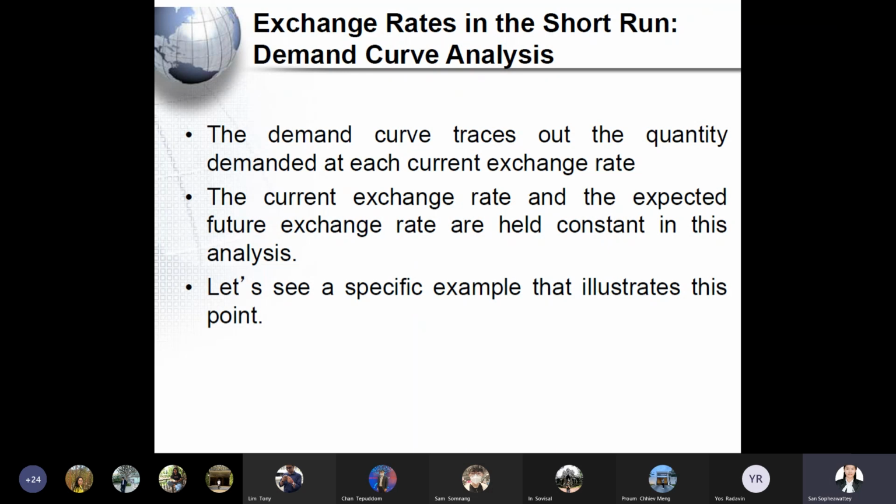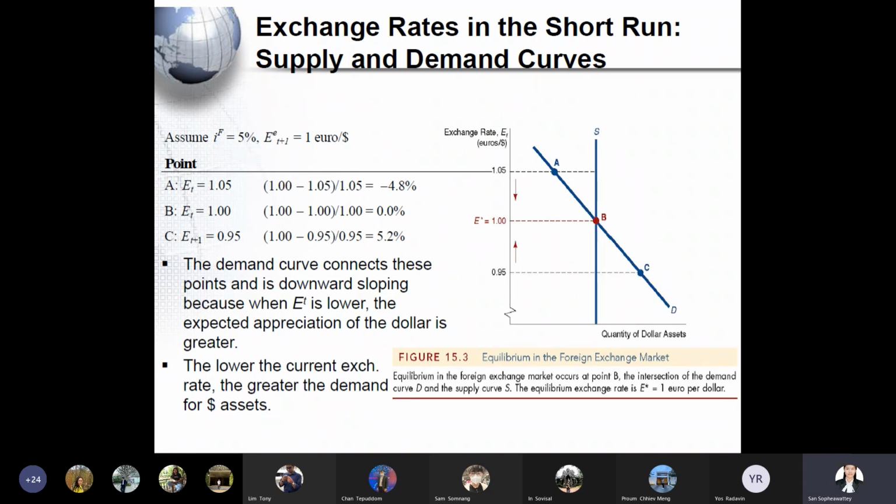The demand curve traces out the quantity demanded at each current exchange rate, and the expected future exchange rate is held constant in this analysis. Suppose we are at point A, where the current exchange rate E2 is 1.05 in this case.